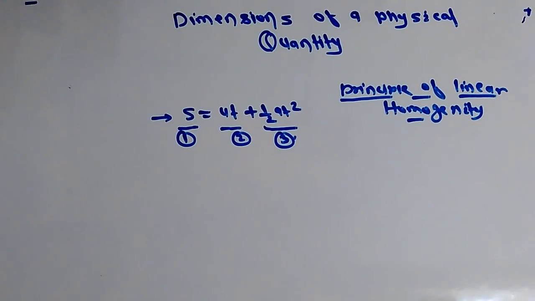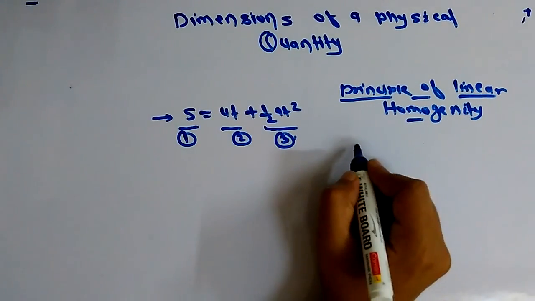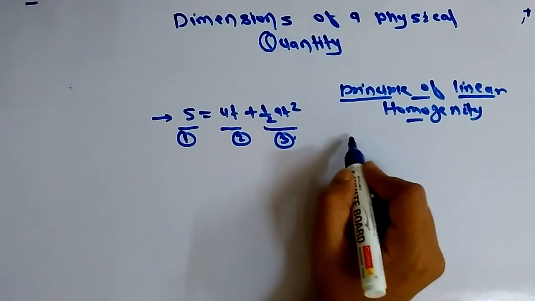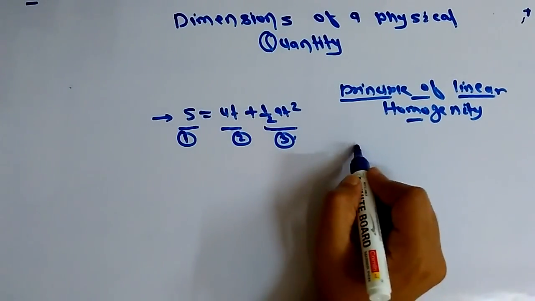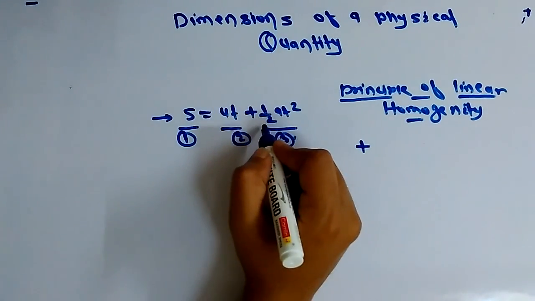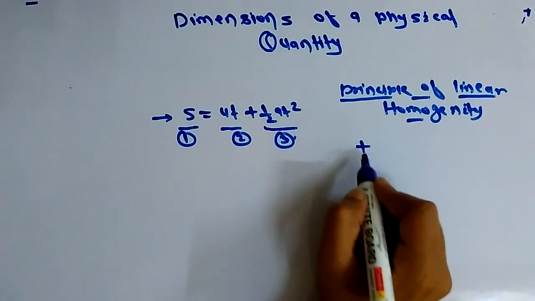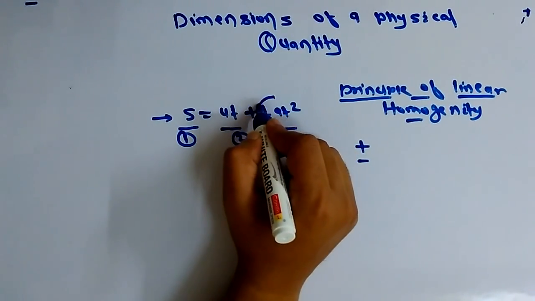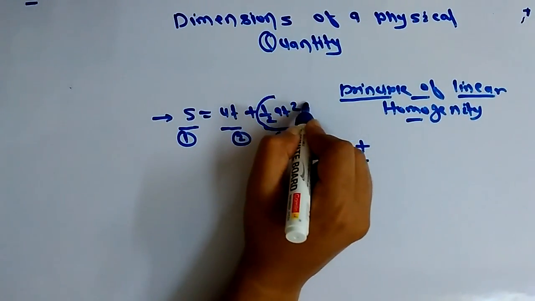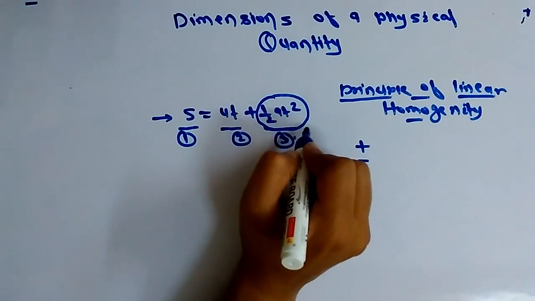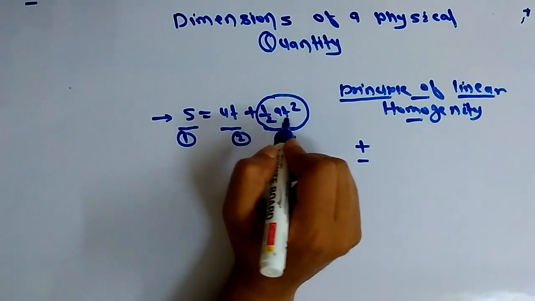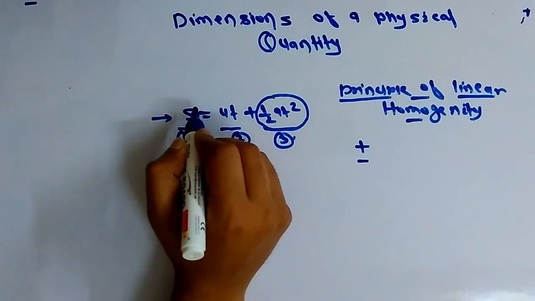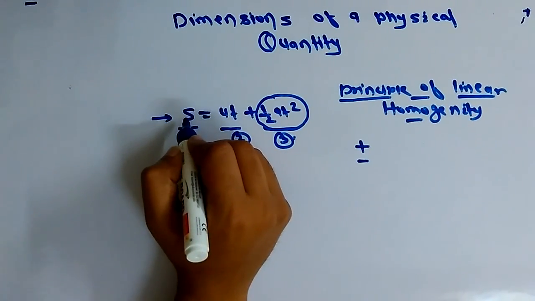These quantities are added by plus or minus, and all of them should have the same dimension, so this will be equal to that.